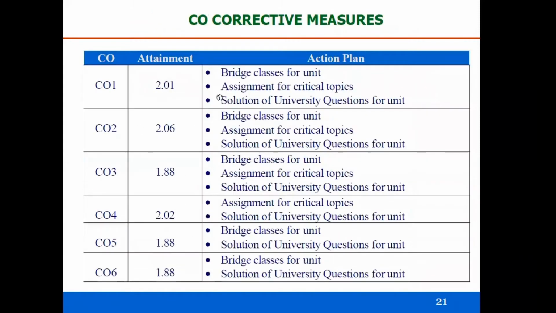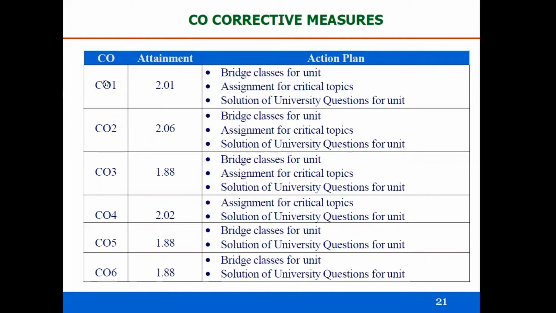Now here we didn't secure 100%, so we have to mention, suppose CO1 is related to some engineering knowledge, to improve CO1, what are the action plans? Suppose some makeup or bridge classes for the chapter related to CO1 we have to conduct. Then for some critical topics we provide assignments.